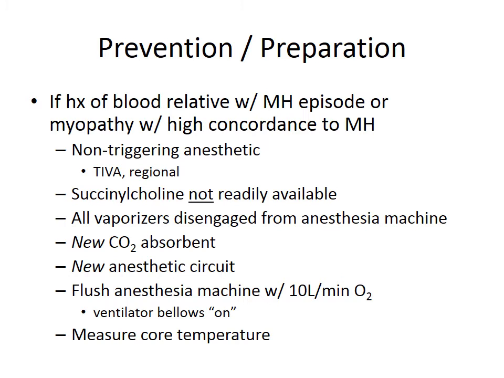I know that at Children's, especially at Bellevue and also in our MRI area, we do use the same circuit with the filter between the mask and the circuit, so that we can use one circuit for the entire day. It's important to not do that and to have a completely new circuit for these patients. And then, of course, as is an ASA standard monitor, please be measuring core temperature, which I think would be intuitive.